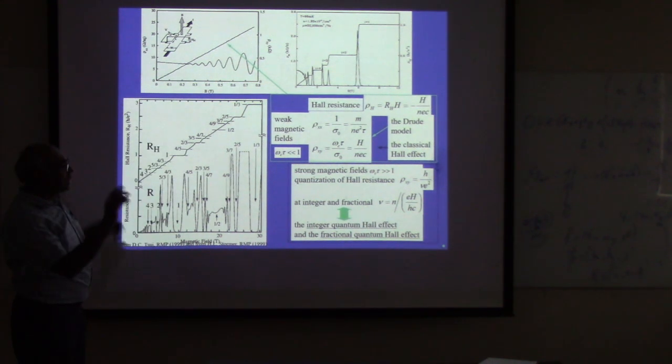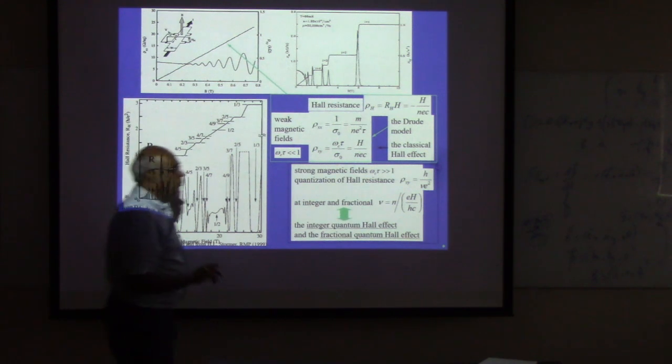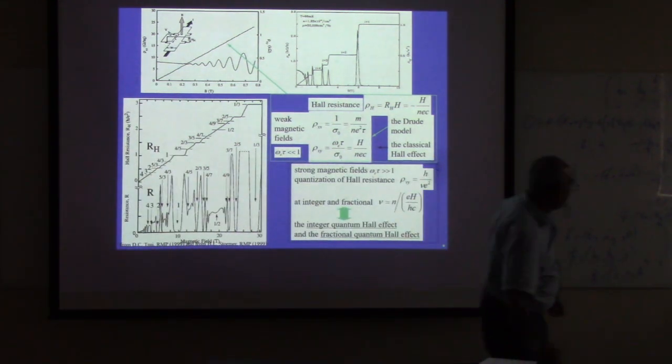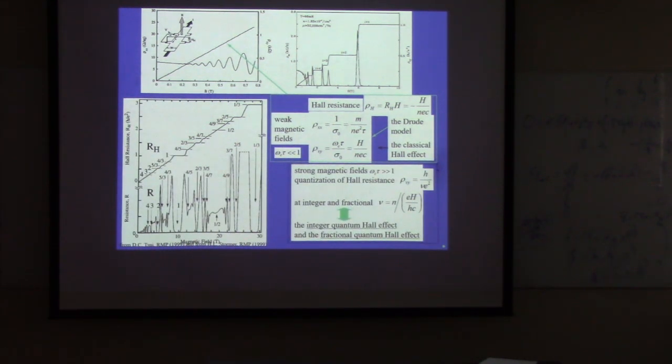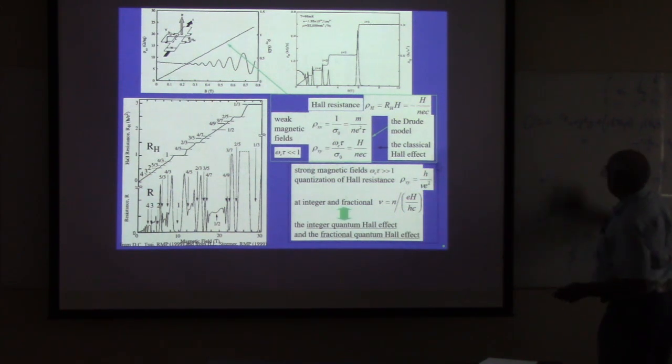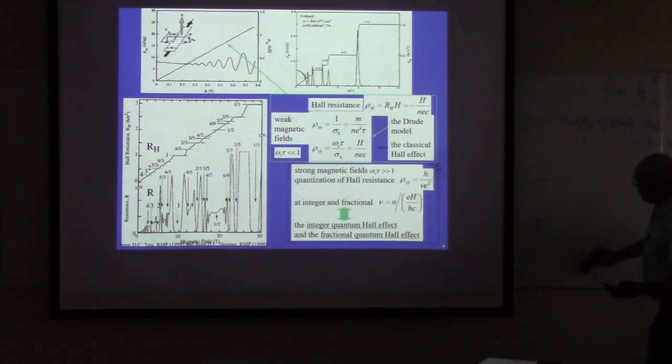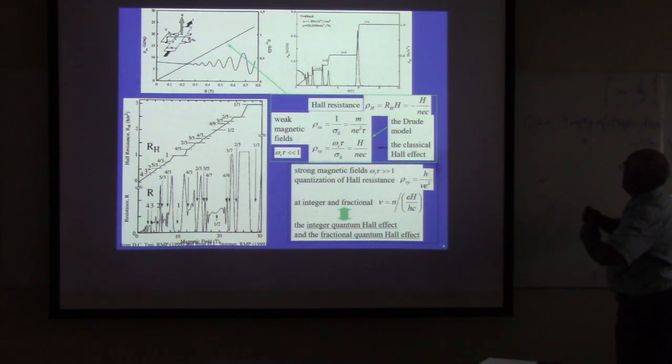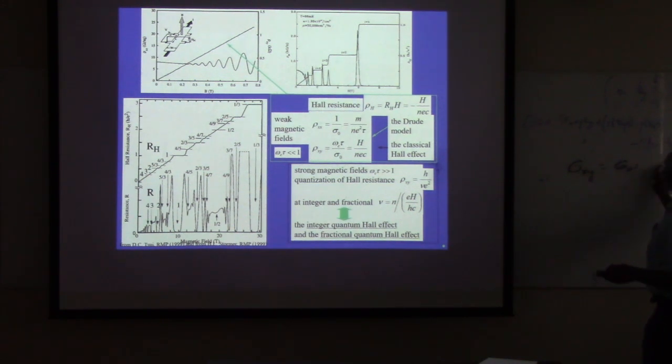So if you look at low magnetic fields, what we were trying to explain is that sigma xy is given by this sigma 0, the Drude conductivity, Ne squared tau over m, right?